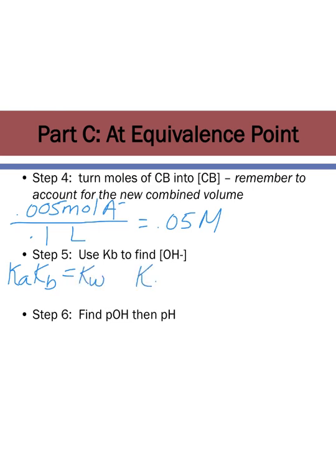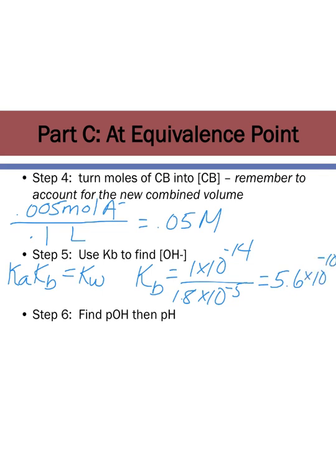So Kb is going to be 1 times 10 to the negative 14, that's Kw, divided by acetic acid's Ka, which is 1.8 times 10 to the negative 5th. And that gives us 5.6 times 10 to the negative 10th, I believe that is. Let me just check that real quick.